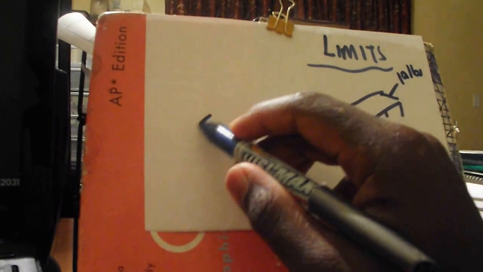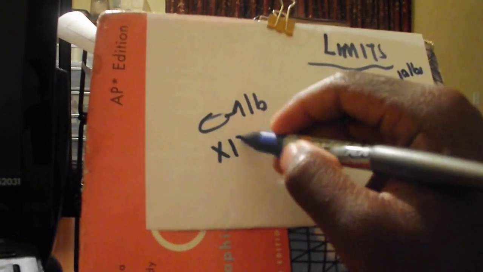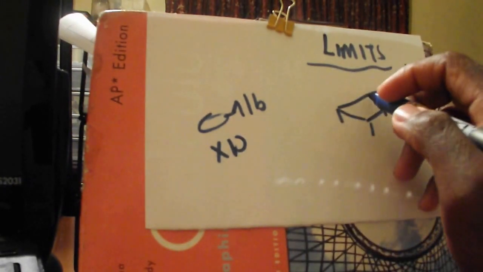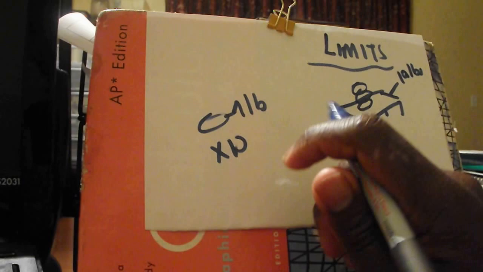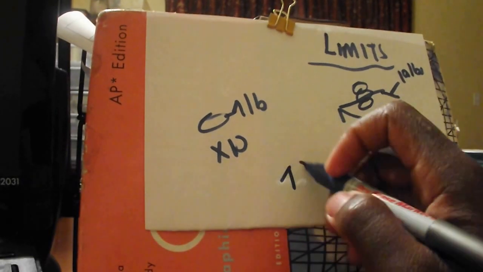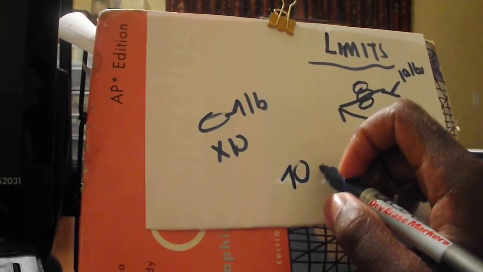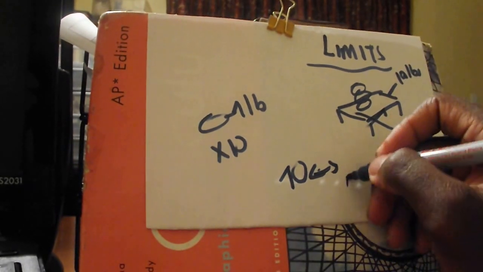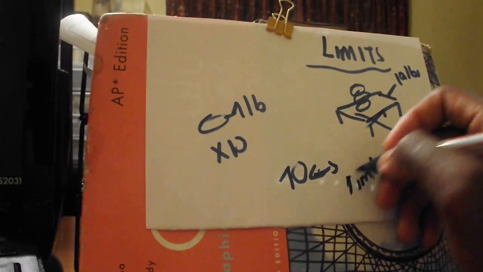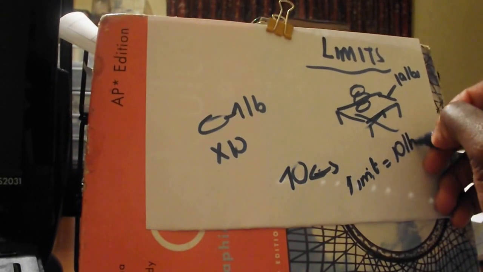Let's say you had weights of a pound each in 10 places, and you stack them on here, one on top of the other. The closer you get to stacking 10 of these weights, the closer this table is to breaking. So we can infer that the limit of this table is 10 pounds.